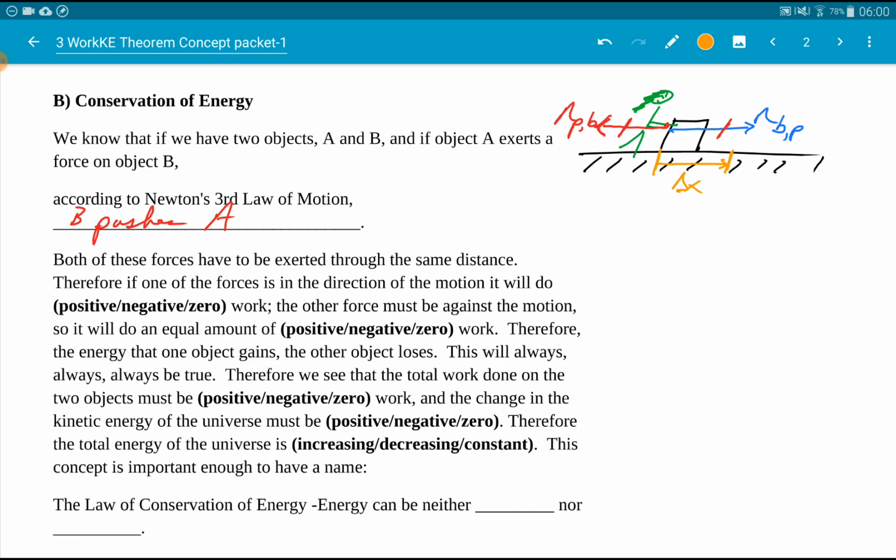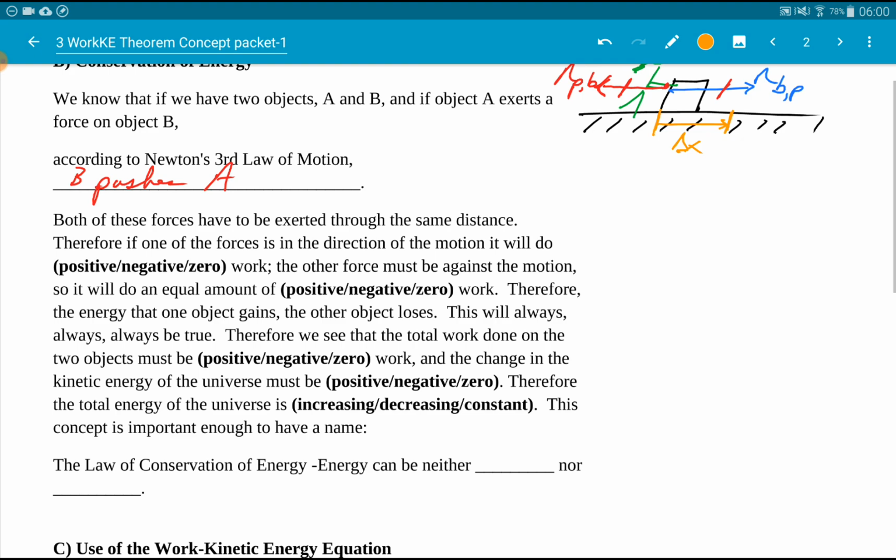Sure, I'd have to be pressing against that box to make this blue normal force on the box. And if I'm pressing on the box, I'd feel that resistance in my hands, my arms and the rest of my body. So yeah, I'd have this normal force that the box is exerting on me, this red one here. So no matter what distance I'd be pushing that through, it must be pushing on me through that same distance as well. Okay, cool.